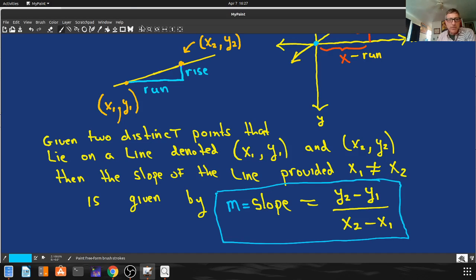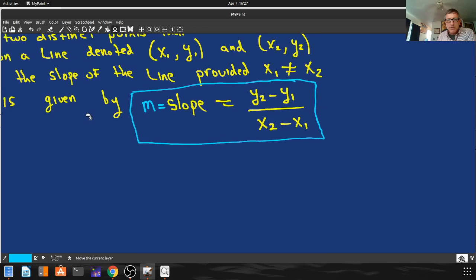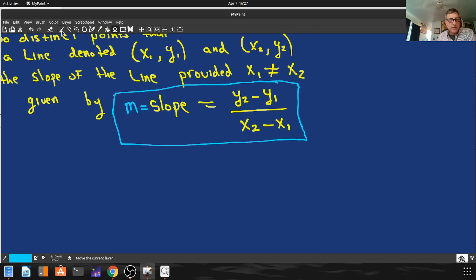So before we do any problems, let's compute the slope. I'm just going to make up 2 points. Here we have a line, and one point on the line lies at 1 and 7, and another point on the same line is 10 and 3.